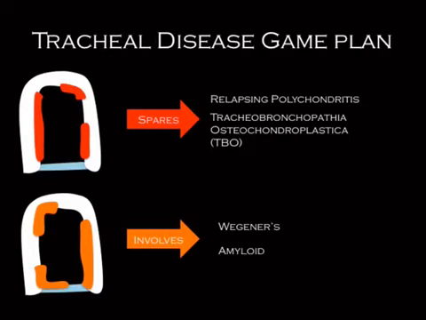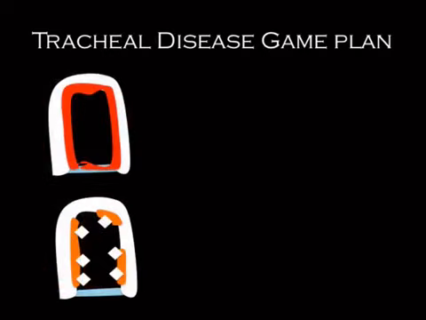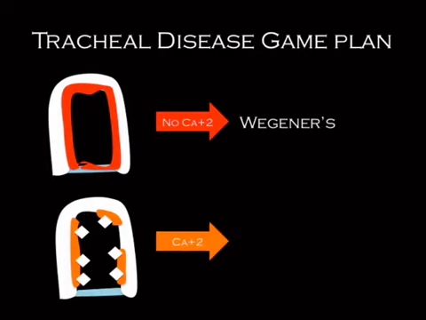So now let's talk about the entities that involve the posterior membrane, or can involve the posterior membrane. Wegener's and amyloid.